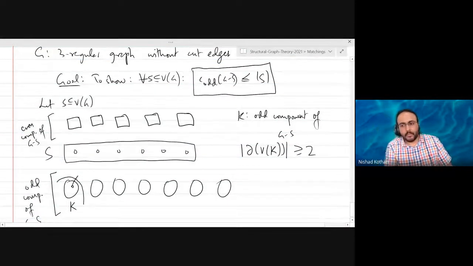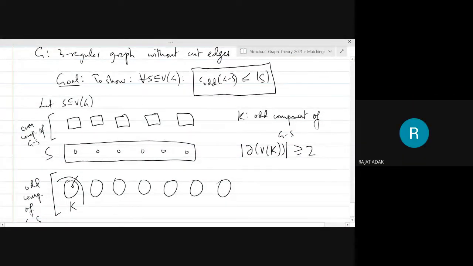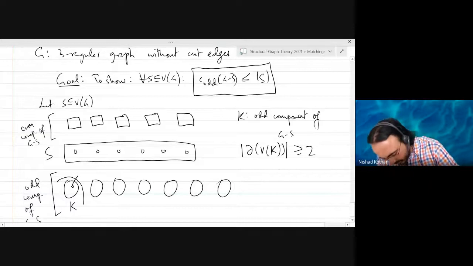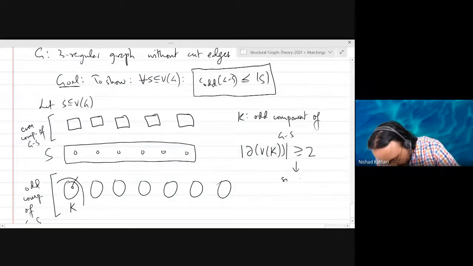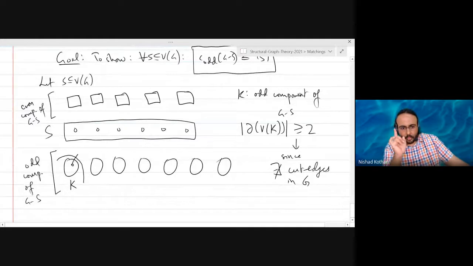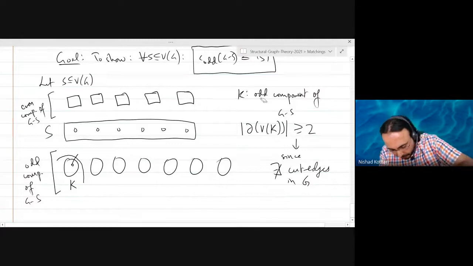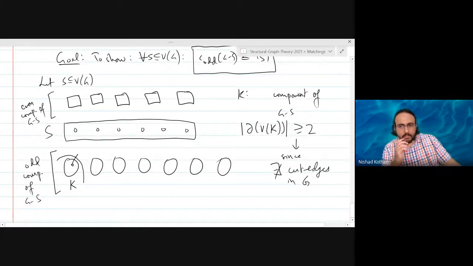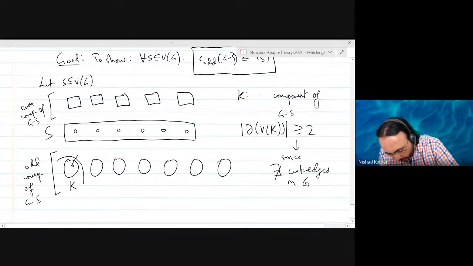Why? Because we don't have any cut edges, right? No cut edges, since there do not exist any cut edges in the graph G. Good. So it's at least 2. Great. That is true not just for the odd components, that is actually true for any component.